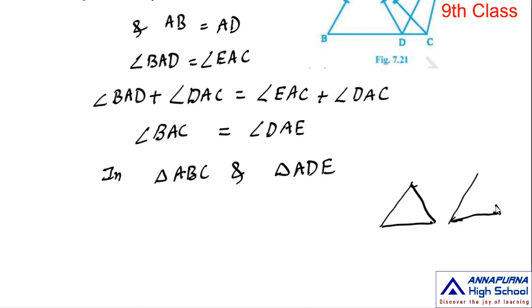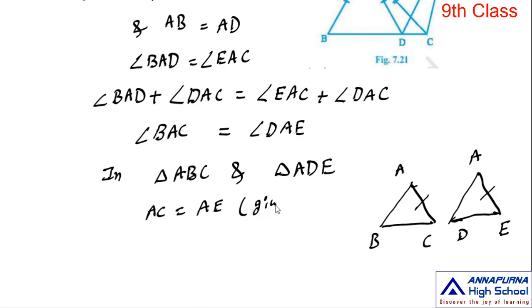First one ABC and second one ADE. First, AC is equal to AE. The side AC is equal to AE.